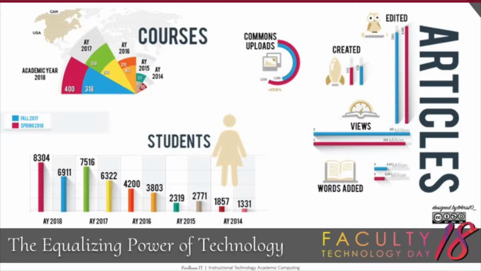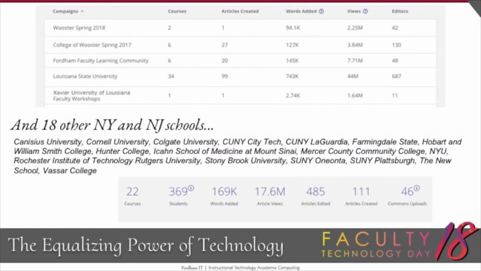So lots of numbers, big impact. And then to give you an idea of what the dashboards look like, I pulled out some of the schools at the top, so you get a sense of where Fordham falls on the spectrum. We've had 6 courses here. There's actually a couple more than that associated with specific campaigns.